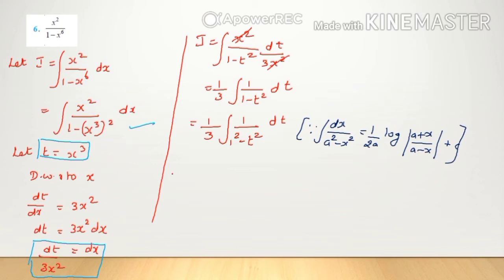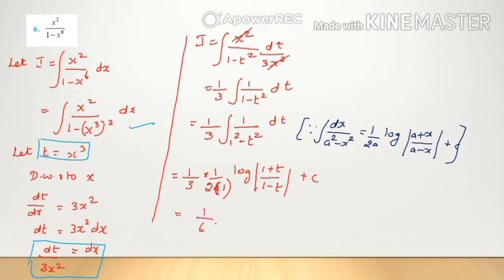So let us substitute this. So 1 by 3 into 1 divided by 2a, that is 1 divided by 2 into 1, since the a value is 1, log modulus of 1 plus t divided by 1 minus t plus c.